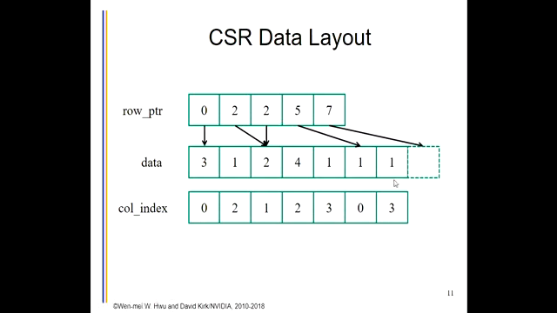So this gives us a very convenient way to write a parallel program, because we can have every thread process one row's vector inner product, right? We can just have every thread come to its corresponding row pointer position. Thread 0 comes here, thread 1 comes here, and then you can pick up the non-zero elements for your row.